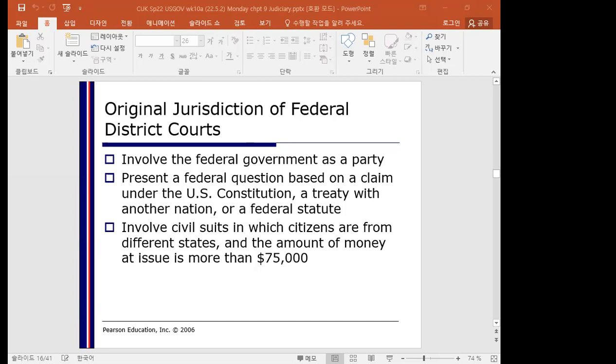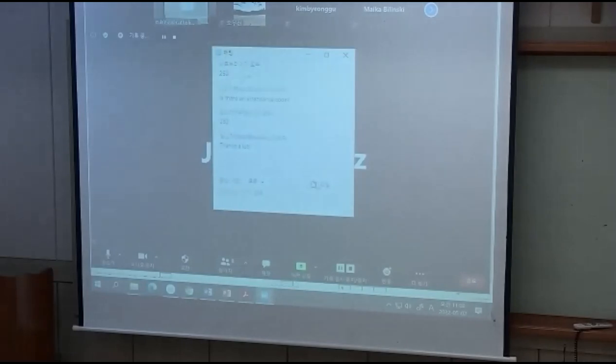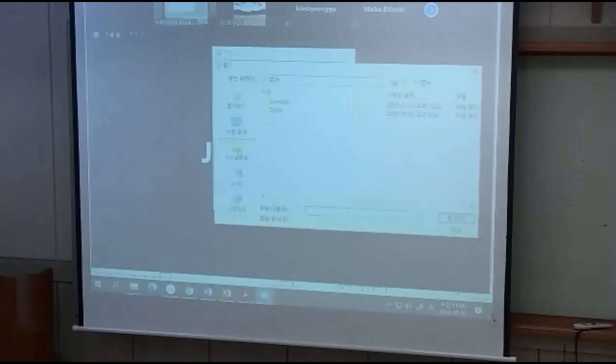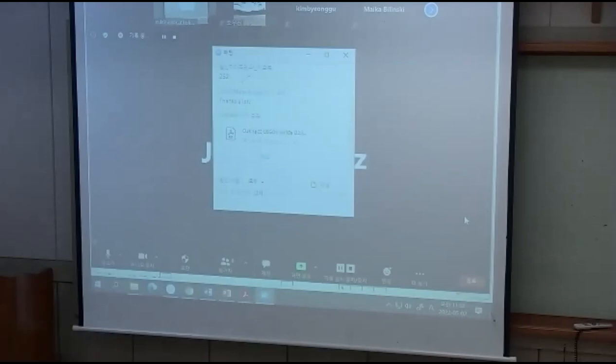Let me send you this file. So please open this file that I'm sending you, and let's go through this file before we go to some exercises in the file.